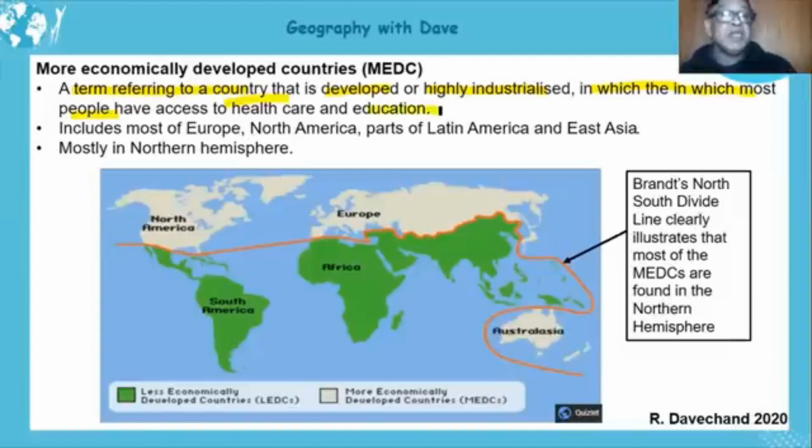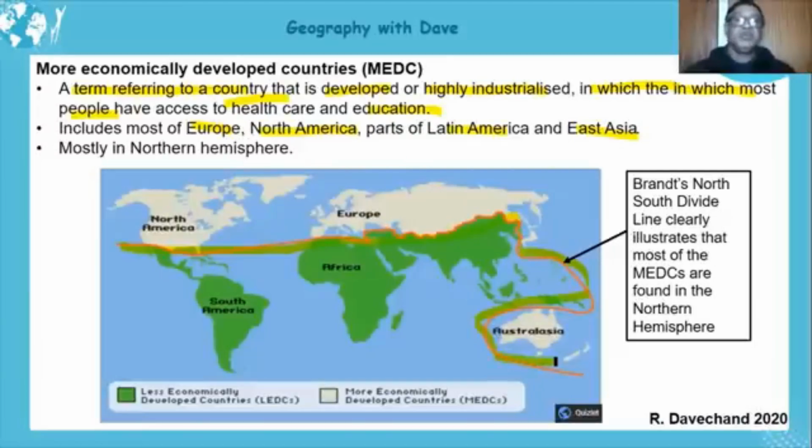Most people. Now, we look at it here, it includes most of Europe, North America, parts of Latin America, and East Asia. Okay. Now, if you look at this, Mr. Brandt actually put a north-south divide line. And if you look at it carefully, you'll notice this is where the MEDCs are found. The more economically developed countries are here and less economically developed here.